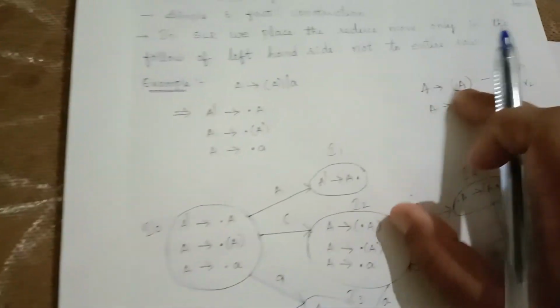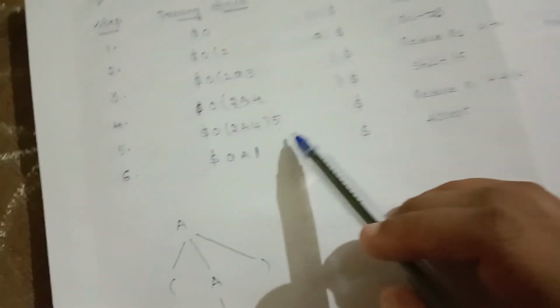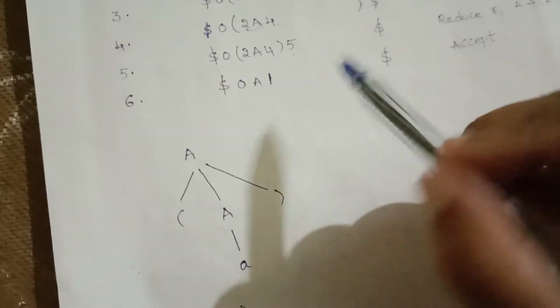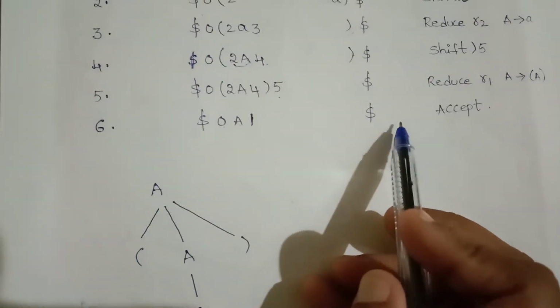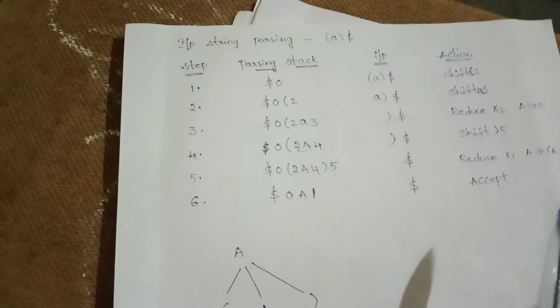R1 is nothing but A tends to (A). So this (A) is being reduced to A. Now 0 on A, it is 1. So here I have written 1. 1 on dollar is accept. So finally the input string is accepted.